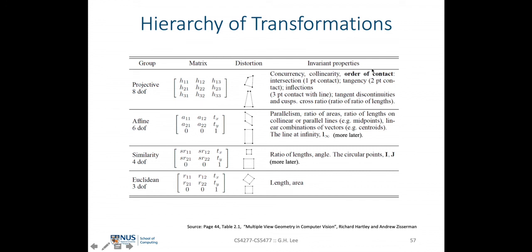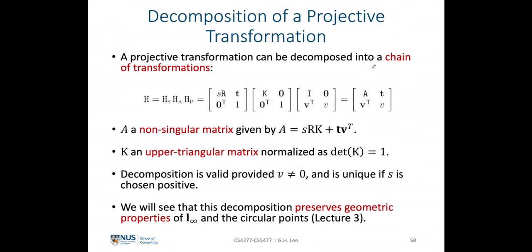properties are given here. Now it can also be shown that the projective transformation can be decomposed into a chain of transformation given by HS multiplied by HA multiplied by HP, where this is the similarity transform, this is the affine transform, and this over here is the projective transformation, which is denoted by these 3 cases over here.